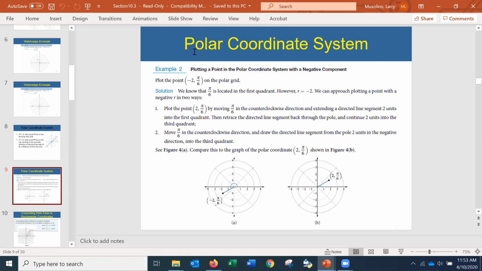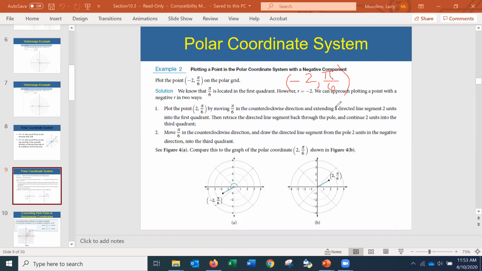So notice in this example, it says -2 comma pi over 6. And I want to be able to graph this point. You might say, well, how can you have an r be a negative number?